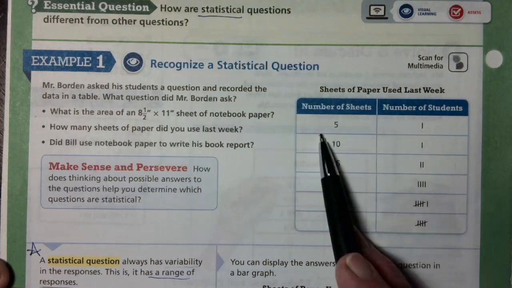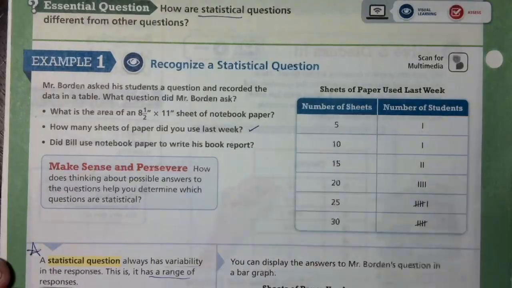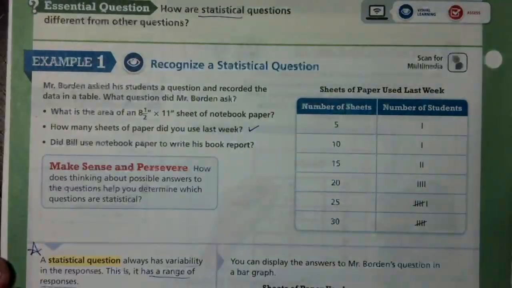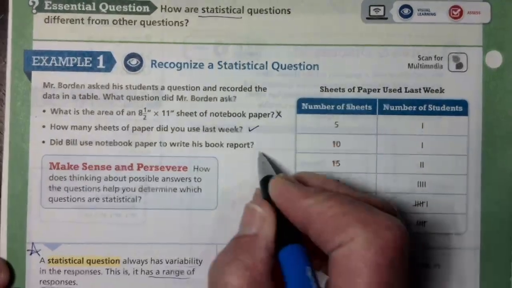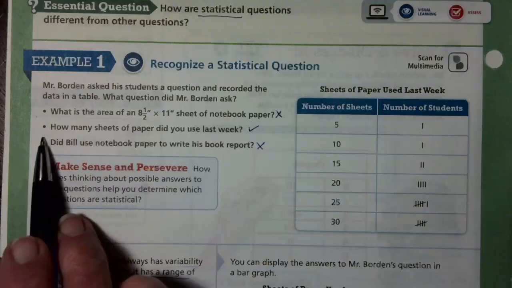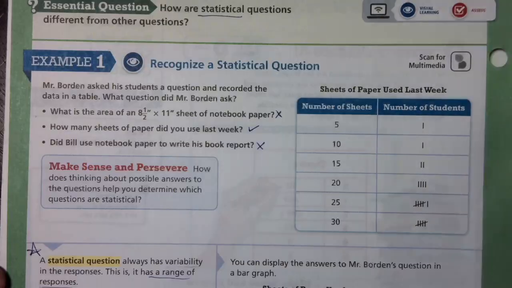Well, one student used 5 and one student used 10. Oh, that could be it. I'll put a check mark by that because it could work. Did Bill use notebook paper to write his book report? That would be a yes or no. So it would not be this one. To get a range of answers, it would have to be that question right there. Okay, are you starting to recognize them?